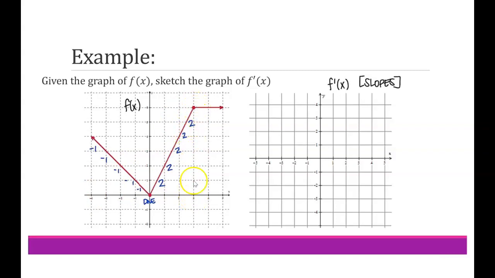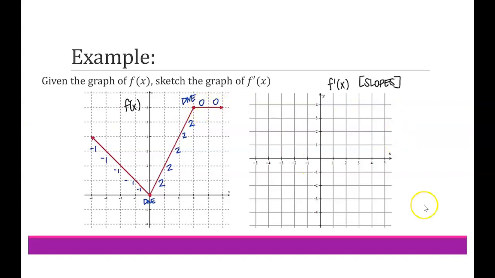Right at the x value 3, I have another corner. So I have another place where these 2 lines meet, and that's a place of non-differentiability. So I'm going to put another dne. But once I get right past 3, I have a horizontal line. And a horizontal line has slope 0. So across this horizontal line, I'm going to put a couple of zeros to indicate my slope.